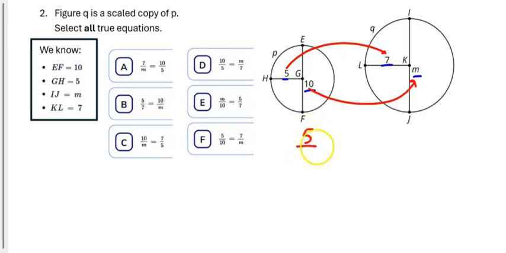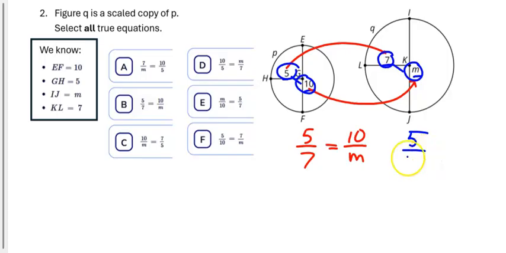So 5 goes to 7 as 10 goes to m. Now this is one way of setting up this problem, and I could have done, let's say, in the same shape and gone 5 to 10 and 7 to m, and that would give a different proportion. 5 goes to 10 as 7 goes to m.